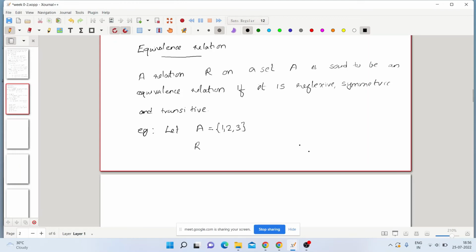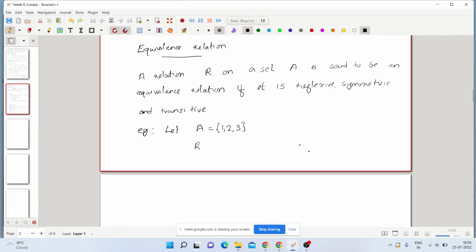So now let us see some examples for one-to-one, onto and bijective maps. First of all, take a map f from the set of all integers Z to Z, defined as f of x equals x plus 1. Let us see whether it is a one-to-one onto map.